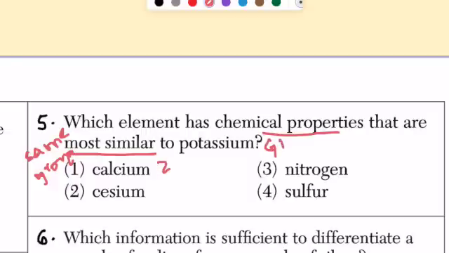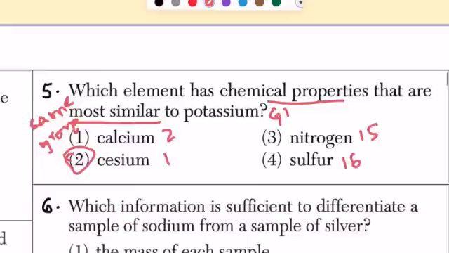Cesium is also not in group 1, or is it? Sorry, it is. Cesium is in group 1. Nitrogen is in group 15, and your sulfur is actually in group 16. So the answer here will be cesium.